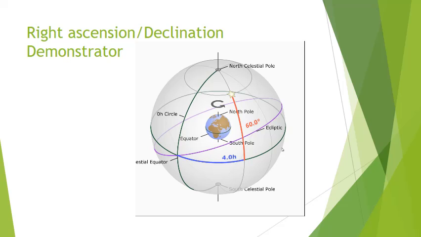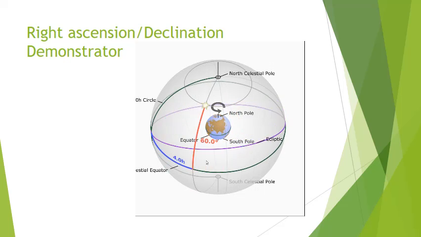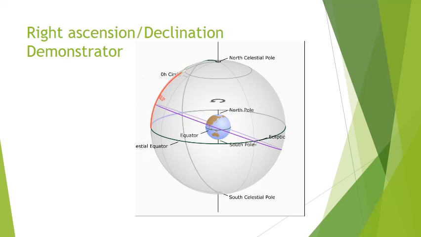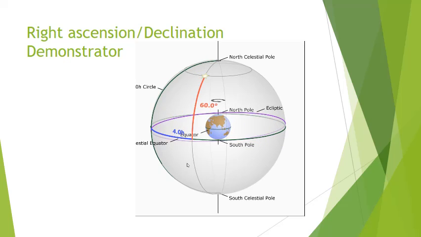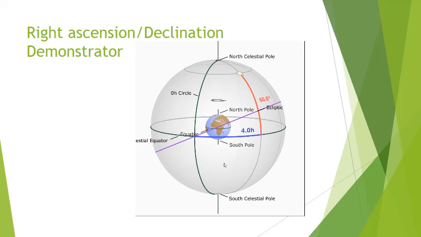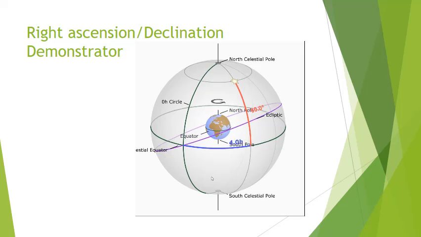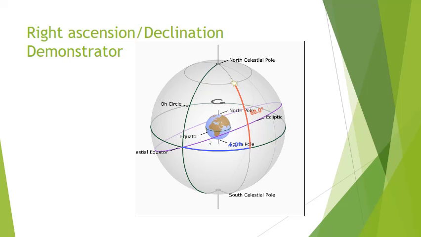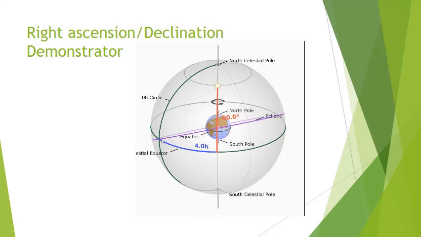Halfway around the sky, when I go back to the autumnal equinox, that would be 12 hours way back here, autumnal equinox. So the question is, well, gosh, what's the right ascension of this particular star I'm interested in? Well, notice that it is east of my vernal equinox, and the right ascension values always increase in hours east of the vernal equinox.